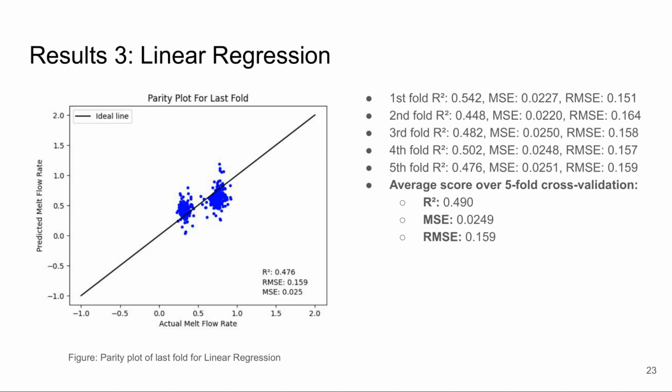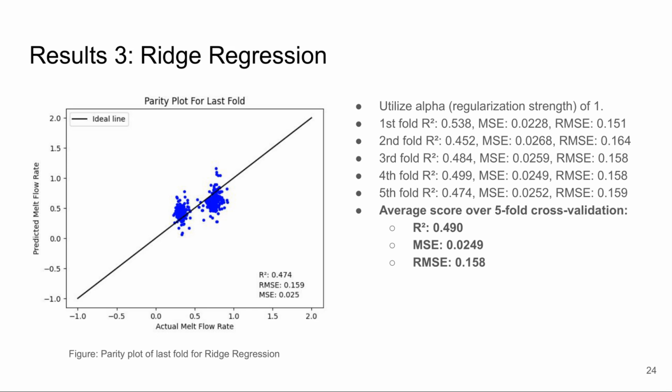The blue dotted lines are the predicted MFR for each of the actual MFR points. From the spread of the data points, we understand how far apart our predictions are for the linear regression model compared to the ideal line. So moving on to the next slide.